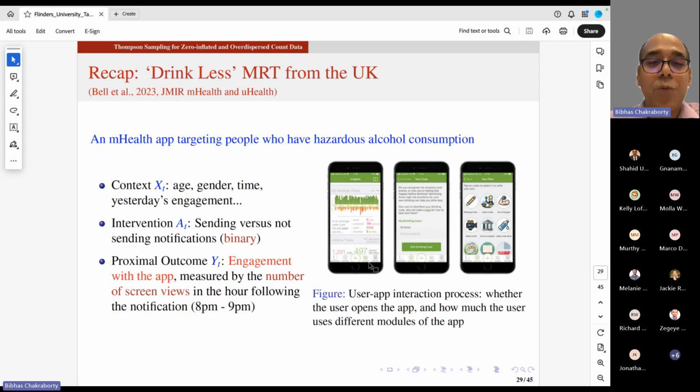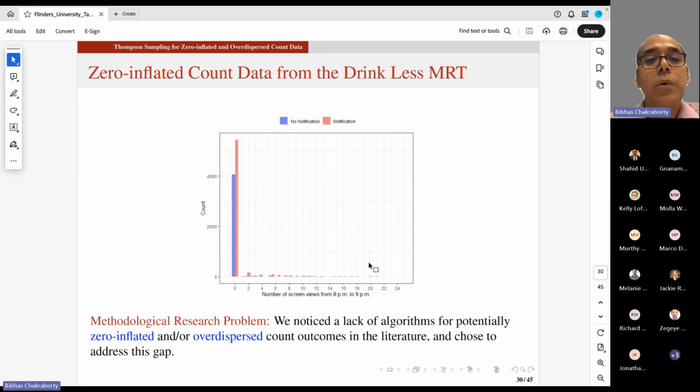It's just one intervention, sending versus not, binary. But then we have a mixed type of context, and a proximal outcome variable, engagement with the app, which is measured by the number of screen views. This is how the data look: highly skewed, with high zero inflation, those kinds of data.